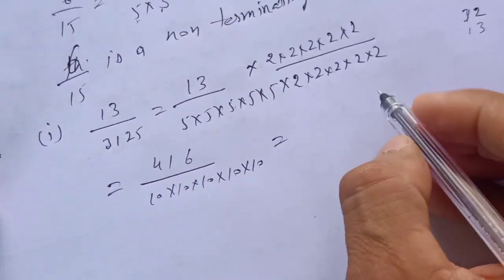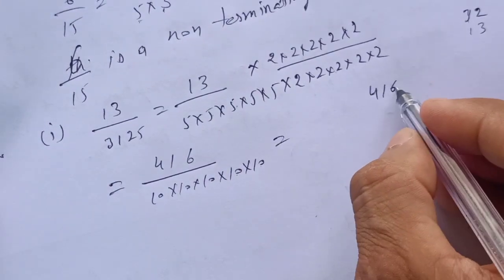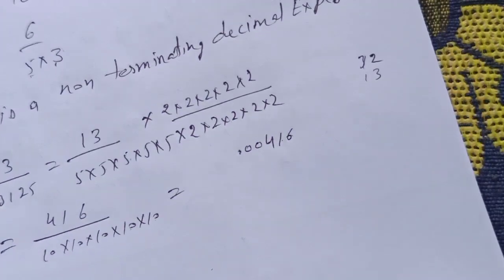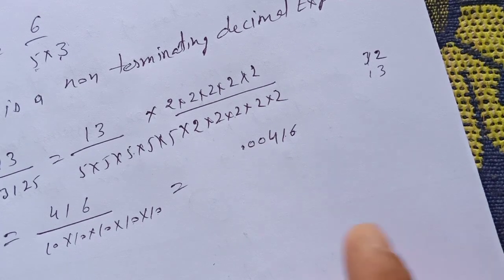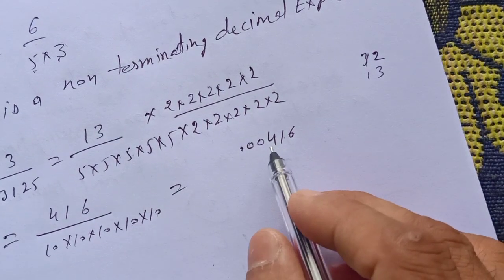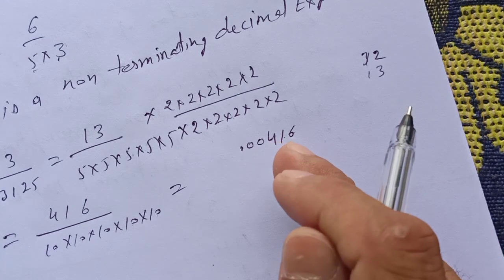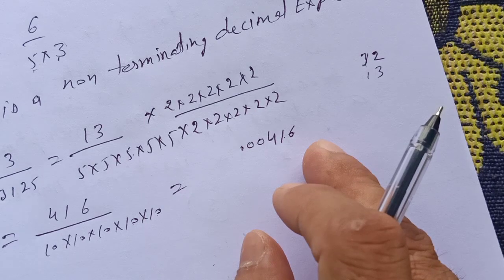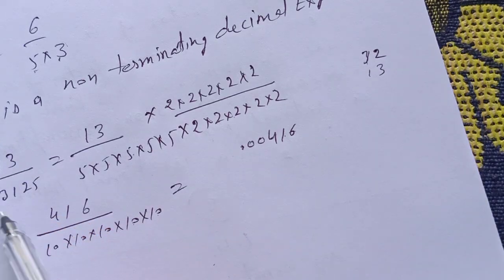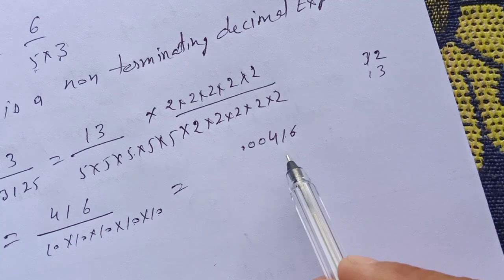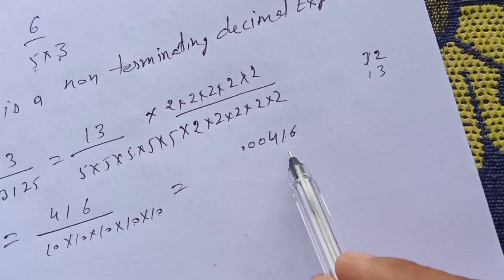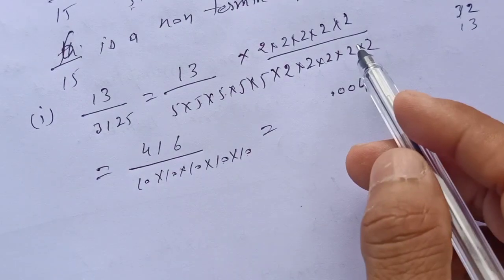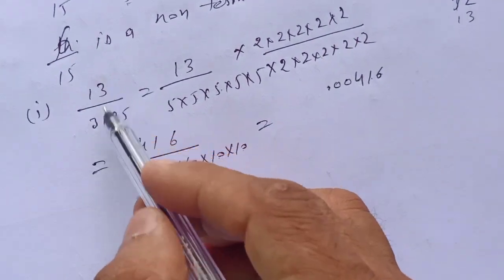So we have 0.00416. This is the terminating decimal expansion. We can write 13 upon 3125 in decimal expansion. It's a very easy method instead of dividing directly.